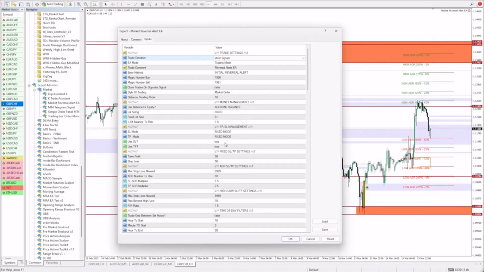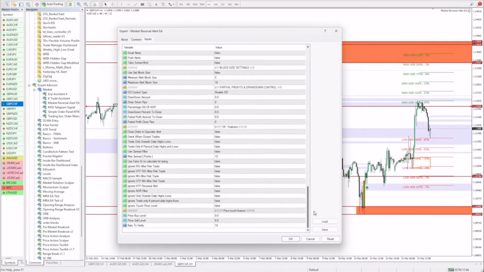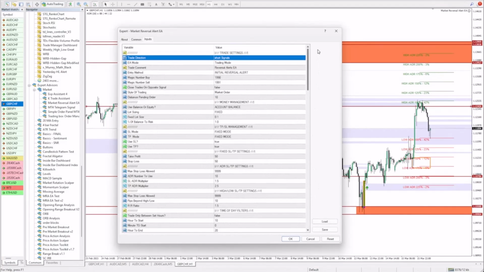But what I tend to do is I have the stop loss mode set to ADR, and I set it to half an ADR. TP, I set to 0.75. So I'm going for 3/4 of an ADR, and I'll adjust these.